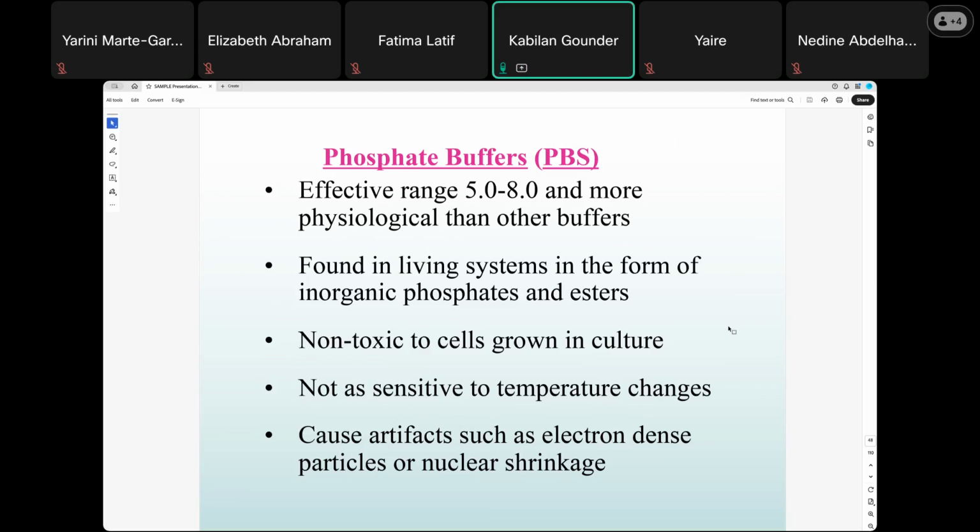It is not as sensitive to temperature changes. When you wash samples with this buffer, it holds the physiological activities, and it is not sensitive to heat. Even if you go to 37 degrees, the buffer is still active. The buffer can cause artifacts such as electron-dense particles or nuclear shrinkage, so it is tough when you use it for electron microscopy.